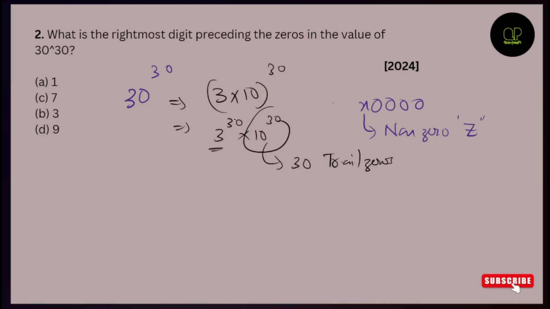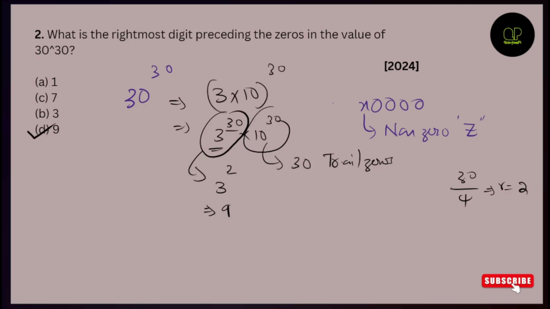So find the units digit of 3 power 30. 30 when divided by 4, I already told you, you just have to divide by 4. Remainder is 2. So this units digit is as good as 3 square. What is 3 square? 9. So your units digit would be option D, 9. Am I clear?